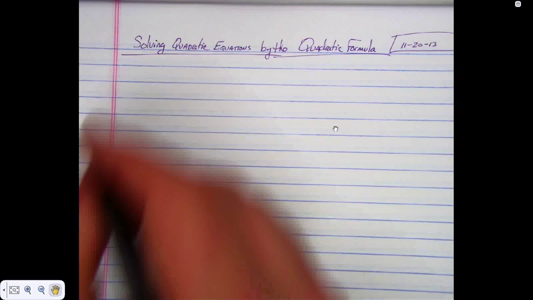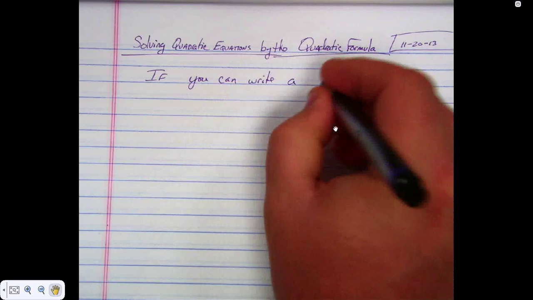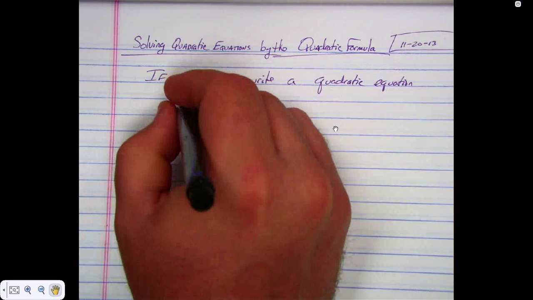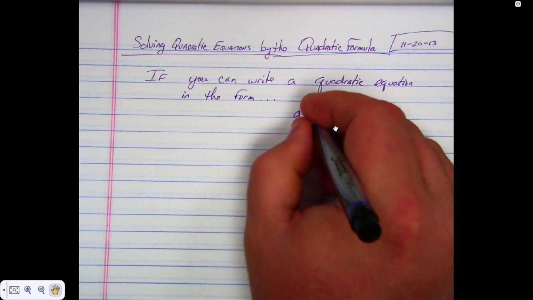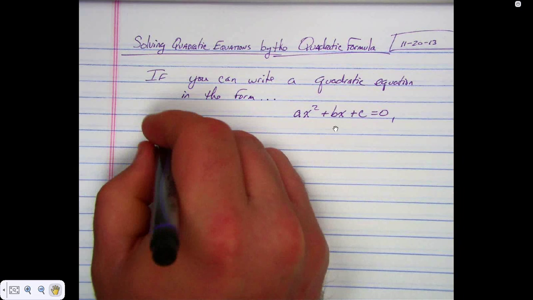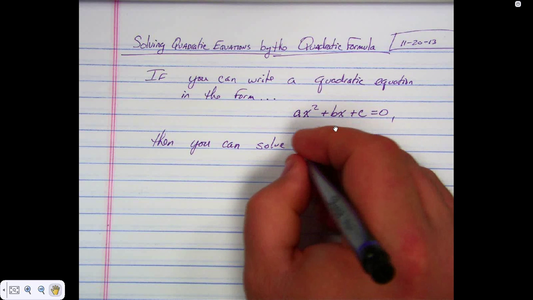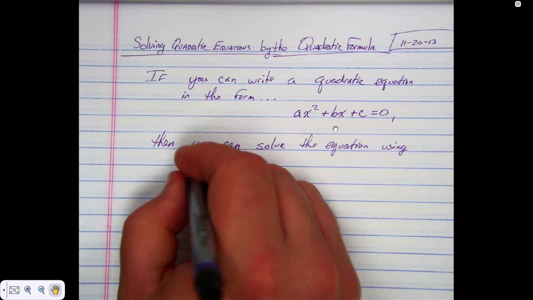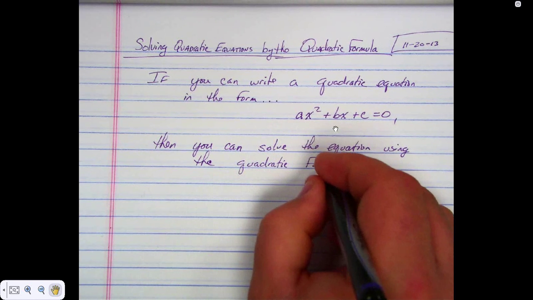But the quadratic formula: if you can write a quadratic equation in the form ax squared plus bx plus c equal to 0, then you can solve the equation using the quadratic formula.